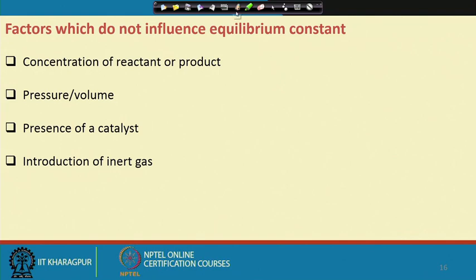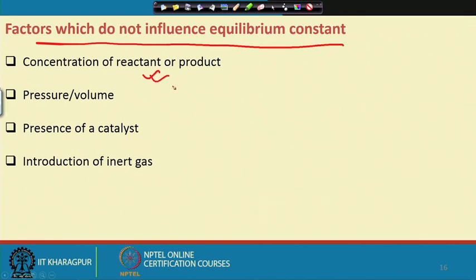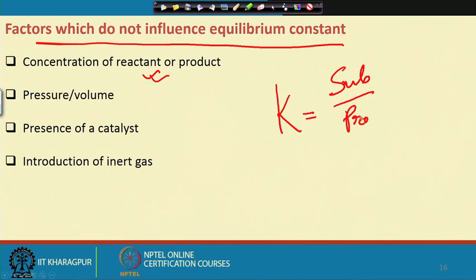Now, one important thing is which factors do not influence the equilibrium constant. First is the concentration of reactant or product, because K is equal to the concentration of product by the concentration of substrate. Suppose the concentration of product changes, the concentration of substrate will change in a manner so that we attain the equilibrium condition.